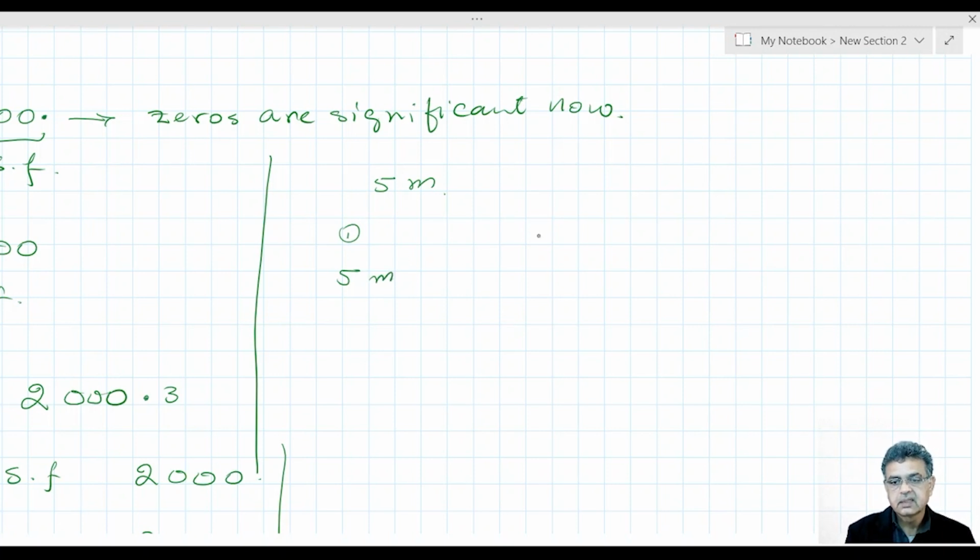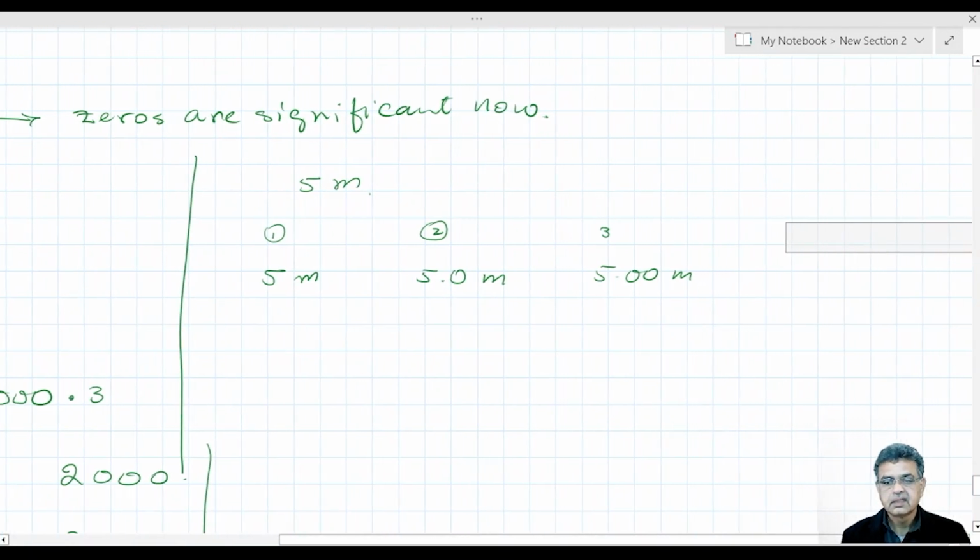Secondly, as 5.0 meter. Thirdly, as 5.00 meter.